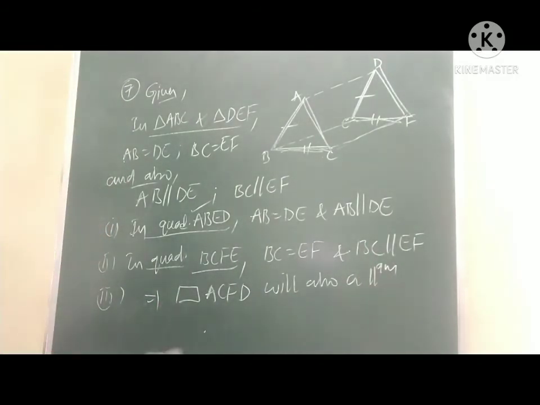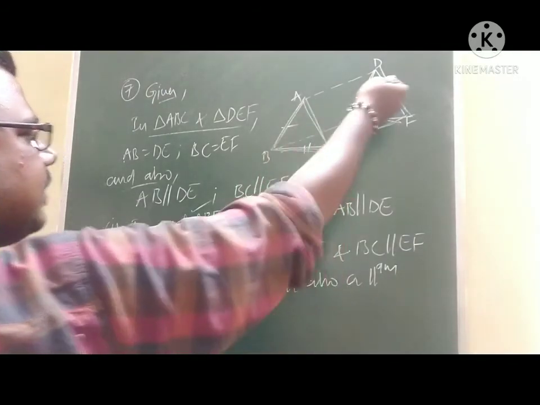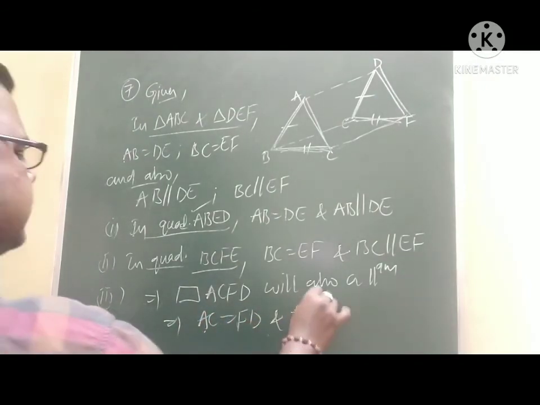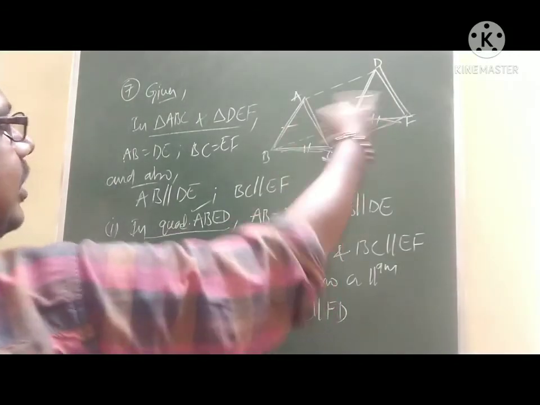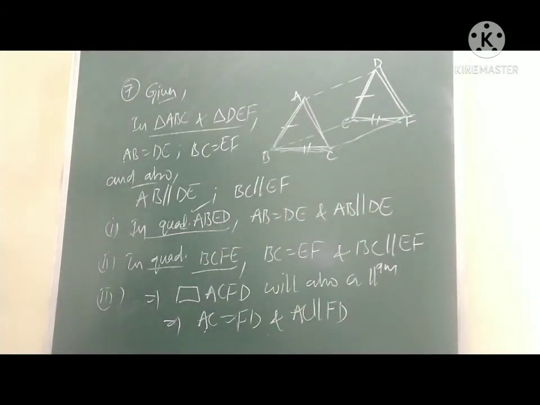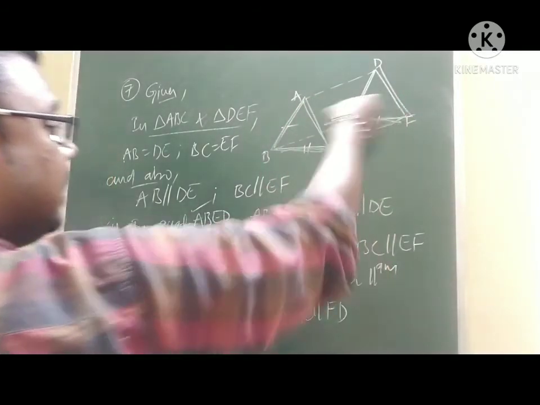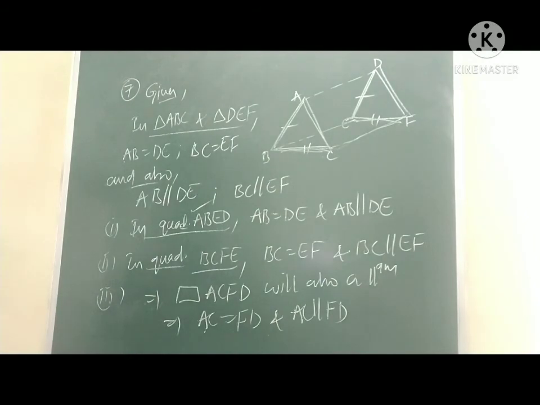AC and DF will be one pair of opposite sides only, no? So it implies AC is equal to FD and at the same time AC parallel to FD because they are the opposite pair of sides. So we can directly write that because the corresponding points have been joined in the two given triangles. That is the reason. If that has not been given, then I cannot write that statement.